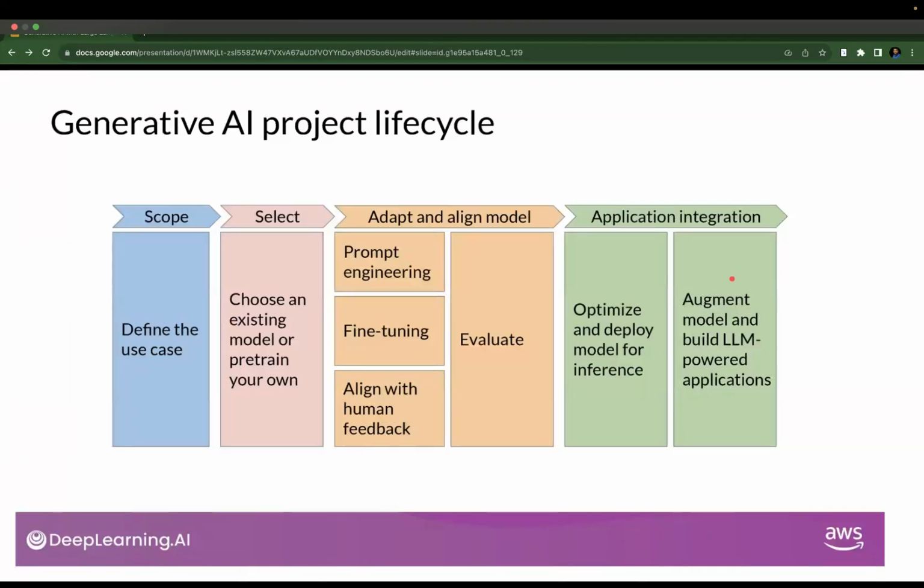LLMs are also prone to be incorrect on many occasions. So we have to augment our model with LLM powered applications so that we enrich the power of the LLM, or we complement the power of the LLM with external applications or external integrations as well. We will see that as well.